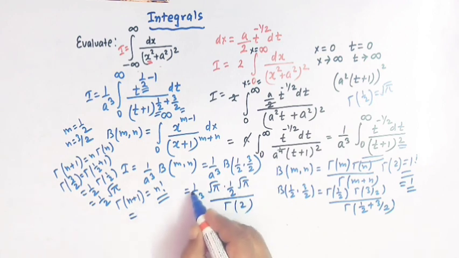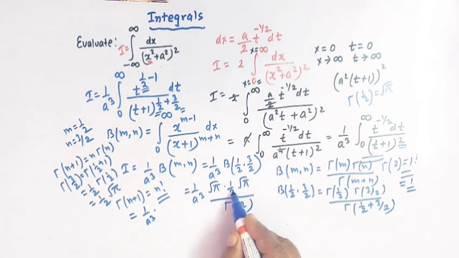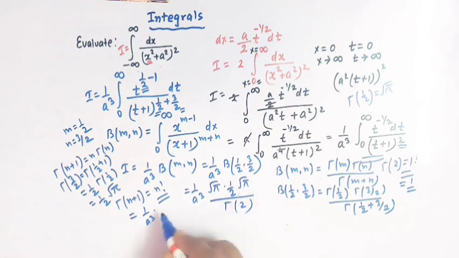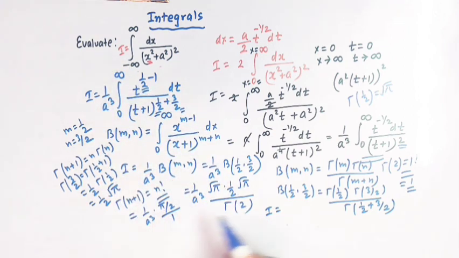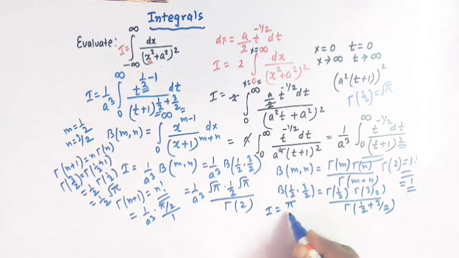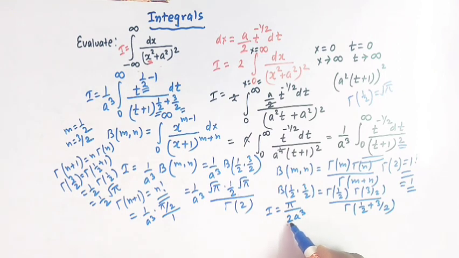So we have 1 over a cube times half square root of pi times square root of pi, which is pi over 2, divided by 1. So the value of this integral is pi divided by 2a cube.